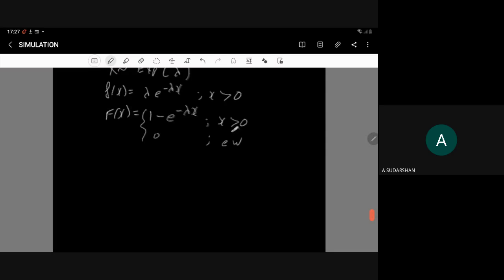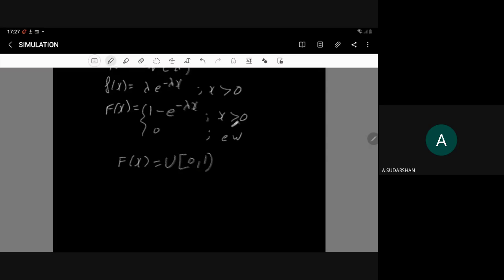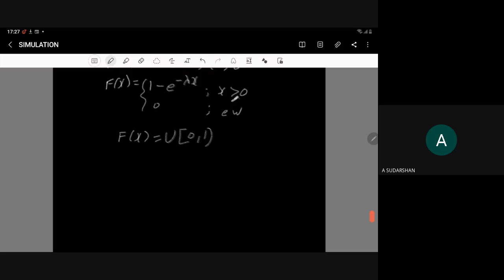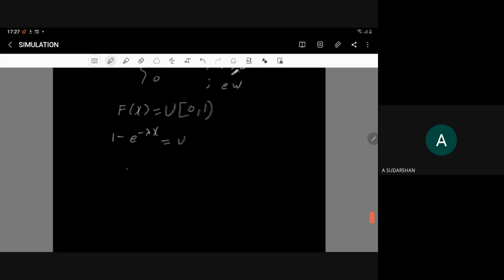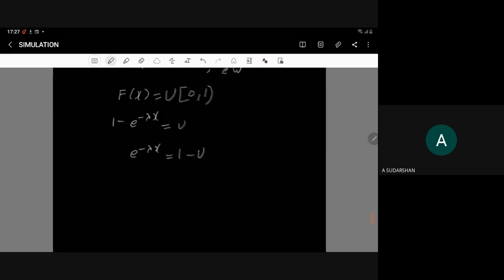Now what is the way to write? We have to write Fx is equal to u, which is a uniformly distributed number between 0 and 1, 0 inclusive, 1 exclusive. So Fx is 1 minus e to power minus lambda x is equal to, let's say, u, any random number between 0 and 1. So it will become e to power minus lambda x is equal to 1 minus u.